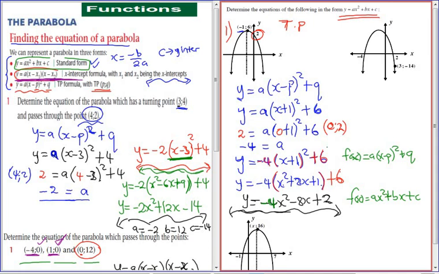So please notice when you move from one form to the other, the a value is the one that doesn't change. Even its effect does not change. So the effect of that parameter doesn't change. Even if you come to this form, even if I wanted to express this equation in this form, the a value was going to be the same on all three of them.